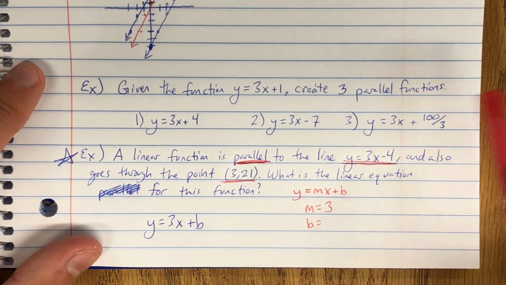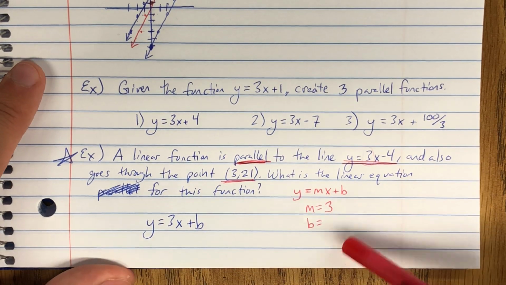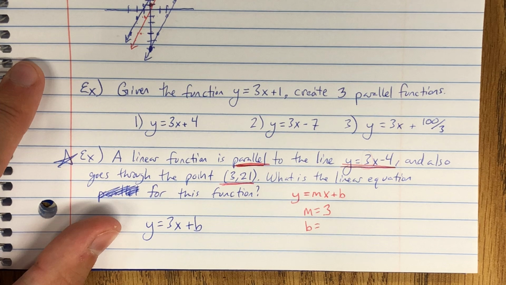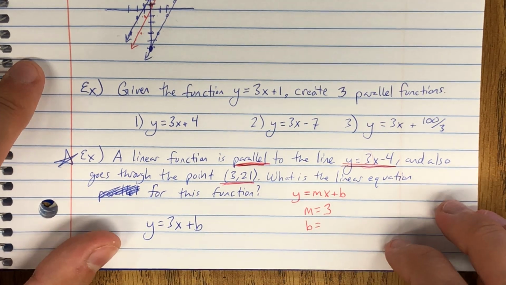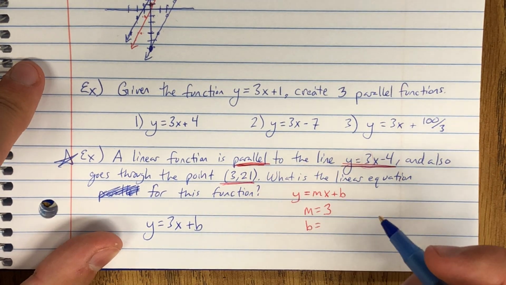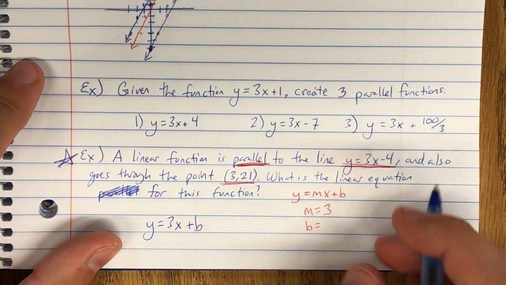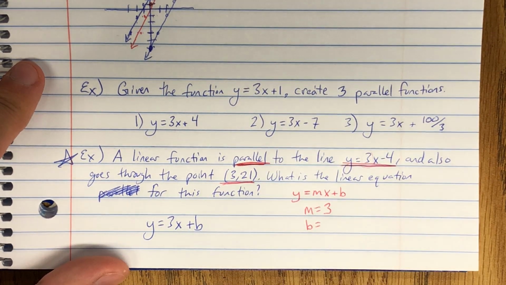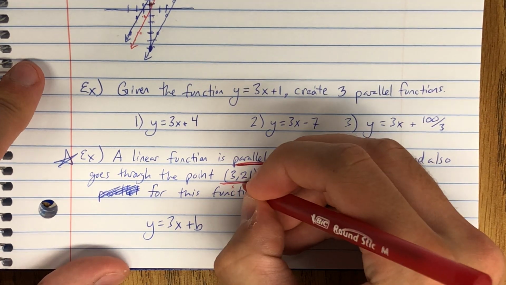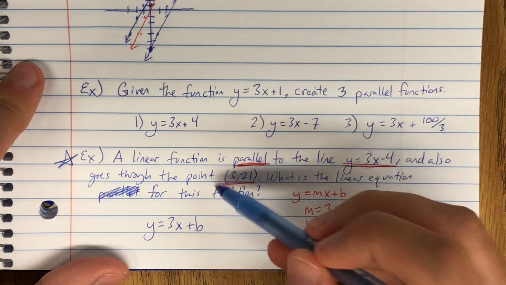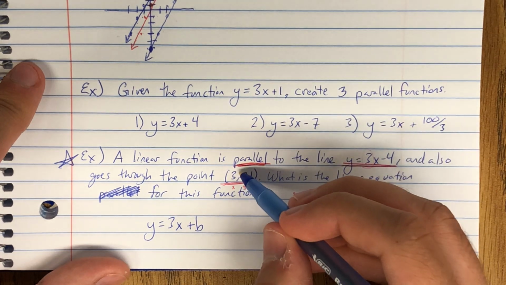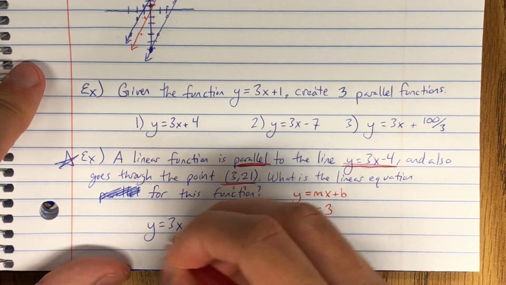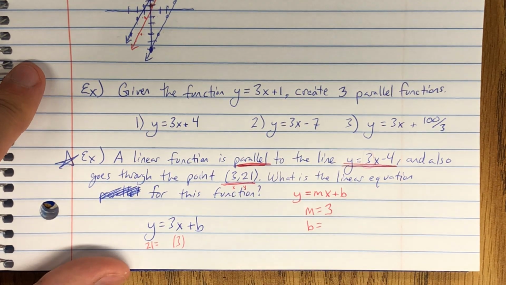The other piece of information we're given is the point (3, 21). So this line has a slope of 3, and it's going to go through the point (3, 21). So this is a point that's on the line, or a solution to the equation. This point is an x and a y value: 3 is x, 21 is y. So we can plug in 3 for x and 21 for y into this equation.